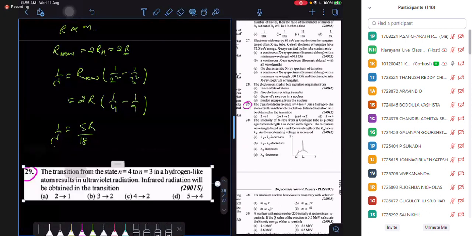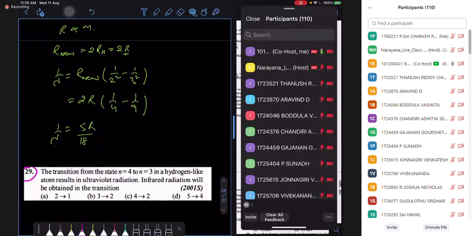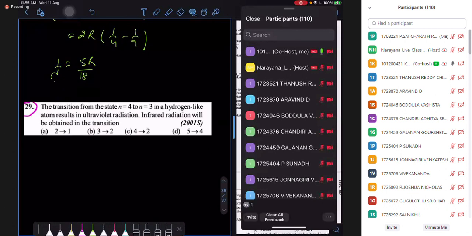This doesn't require any deep concept here, very basic one. We say that the transition from n equal to 4 to n equal to 3 is in the ultraviolet radiations. So for infrared radiations, what should be the transitions?